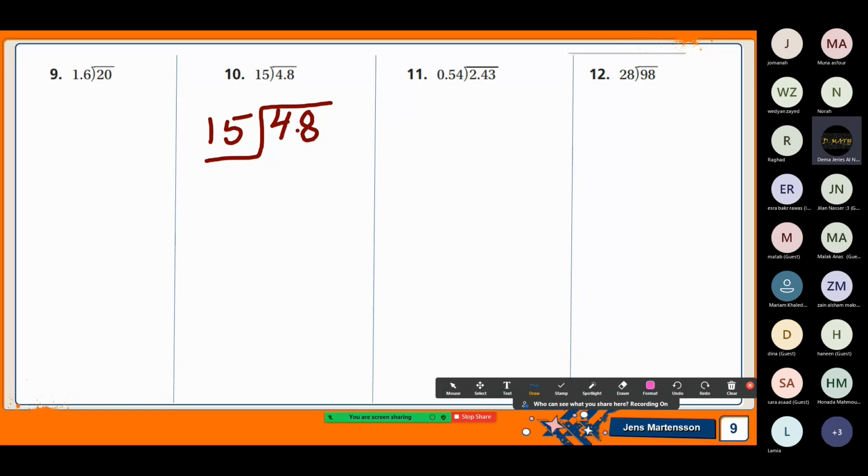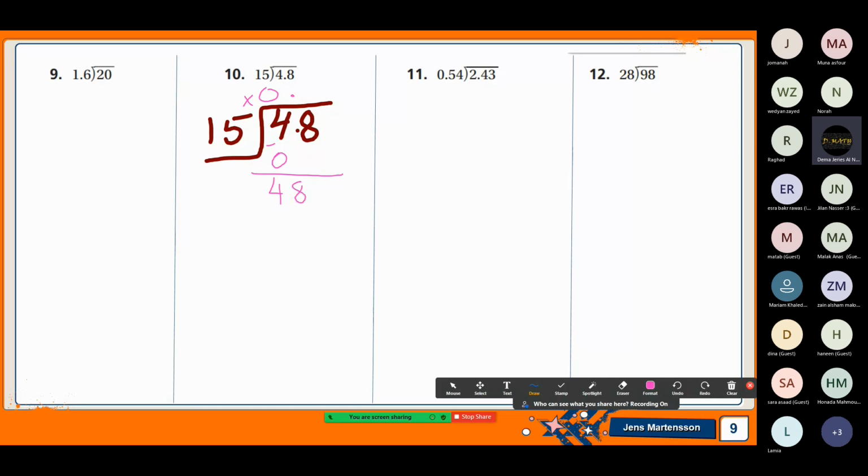Can you? No. So it will be 0. You will add 0. Bravo. 0 times 15 is 0. 4 minus 0 is 4. Then what do you have next? Put the point up. Bravo. Then put the 8 down.